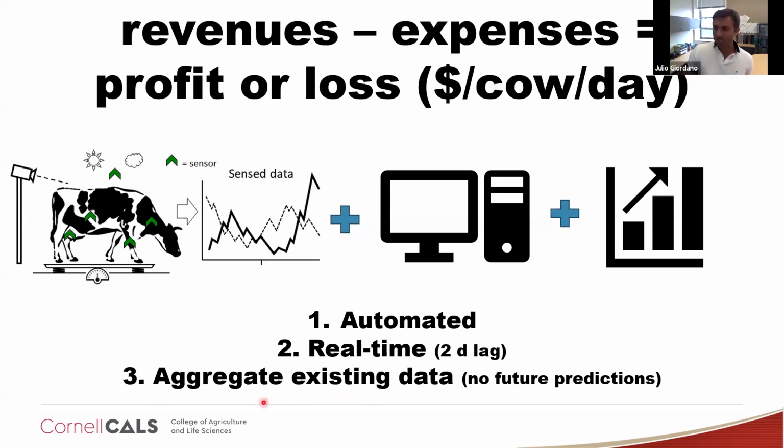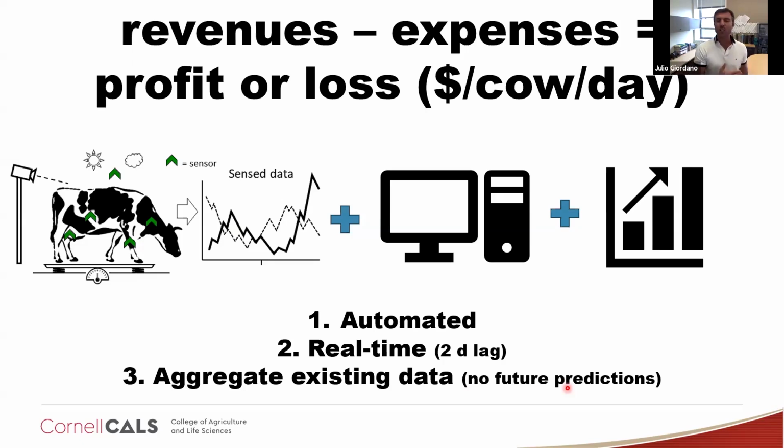And I want to make this very clear: it's purely aggregation of existing data. We just aggregate data generated on the farm for individual cows in the herd. For now, there is no prediction. I fully understand that's everyone's goal, everyone's dream.